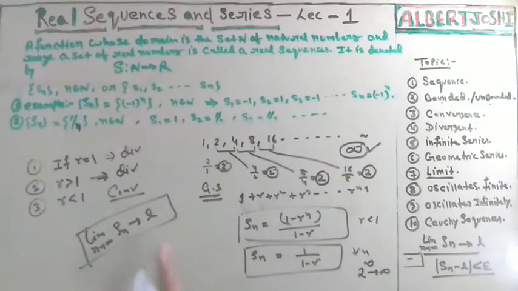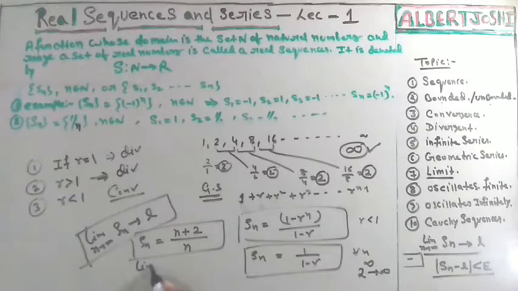I am just erasing something. I will explain here also. Suppose you have this function, Sn is equal to n plus 2 upon n.